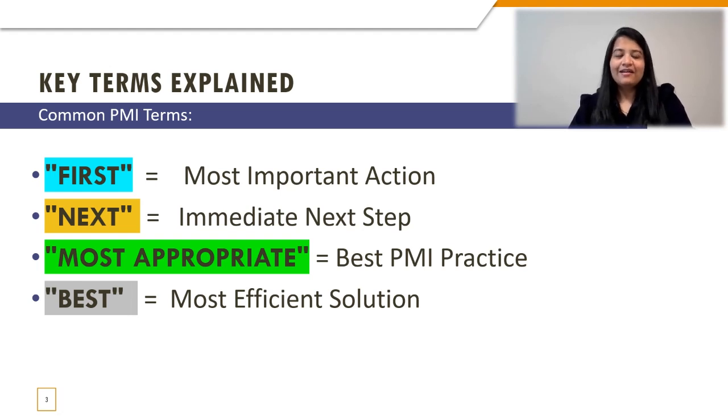When they say what to do next, that's when they want the immediate next step. Understanding these differences is crucial for succeeding in your exam on the very first try. So please remember, if they ask what do you do first, identify the most important action you have to take as a project manager. If they ask what do you do next, choose the immediate next step from the given options.